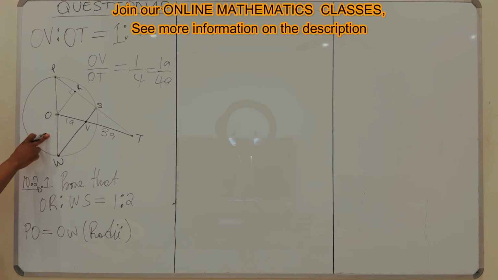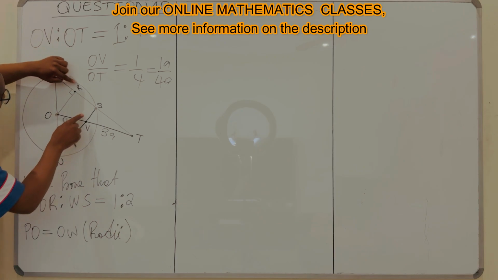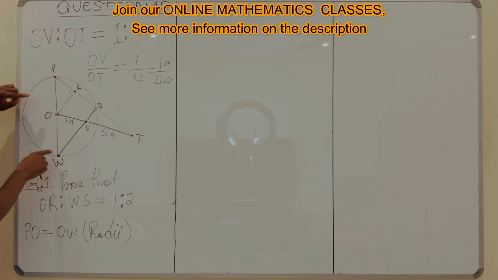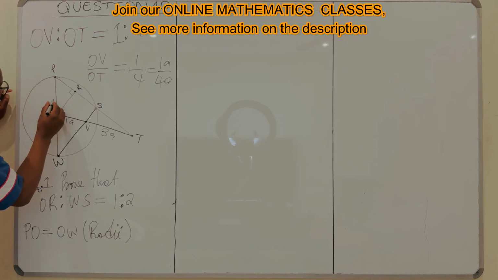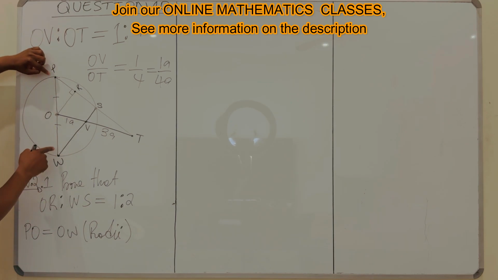So these two are radiuses. Fine. What else can you say? Look at this angle S here. This angle S is formed by PW, and PW is radius and radius, so these two are equal. So this PW is a diameter.